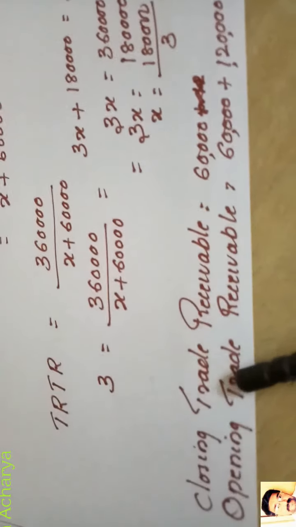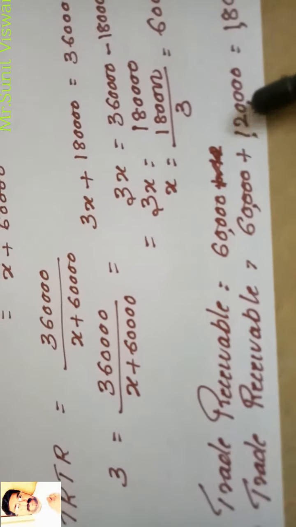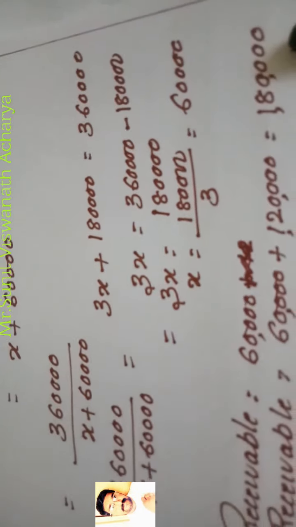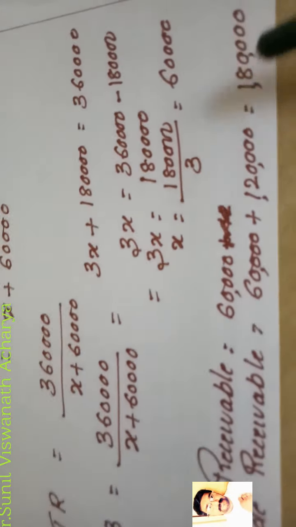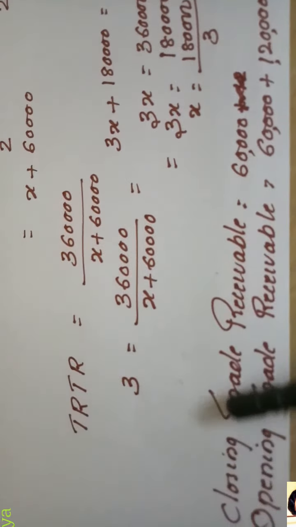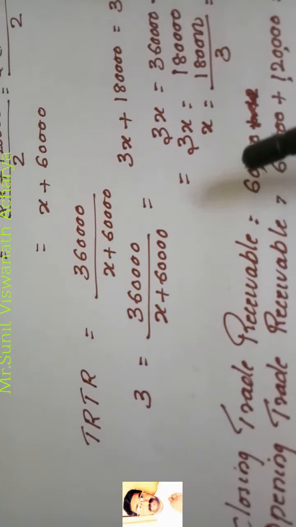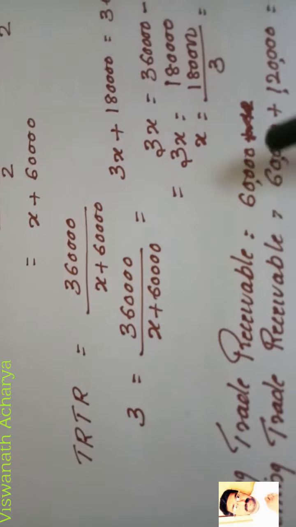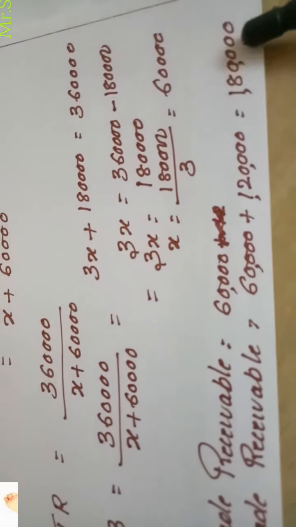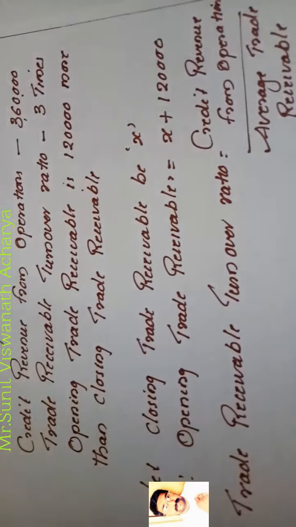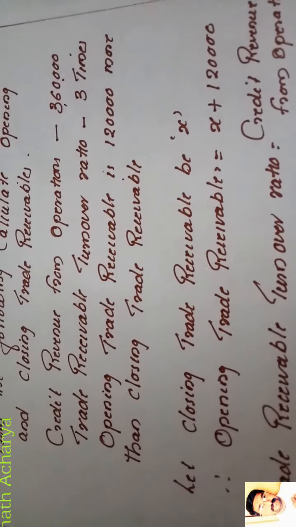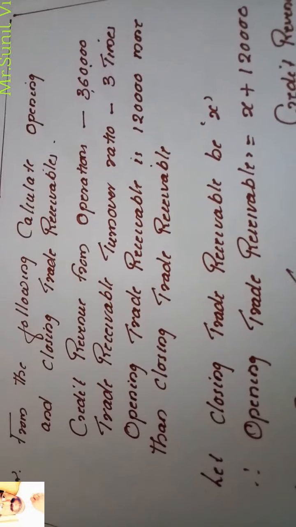So opening trade receivable is equal to 60,000 plus 1,20,000, we will get 1,80,000. In the question they are asking to calculate closing trade receivable and opening trade receivable. We got the answer: closing trade receivable 60,000, opening trade receivable 1,80,000. Okay, so practice this kind of questions 2, 3, 4 times. Watch the video, then only you will get the clear idea. Okay. All the very best.